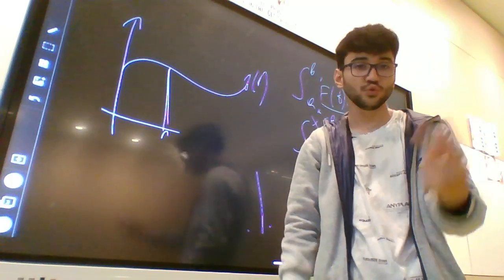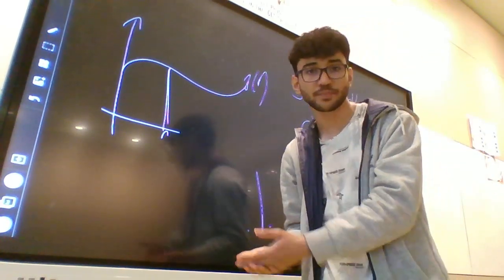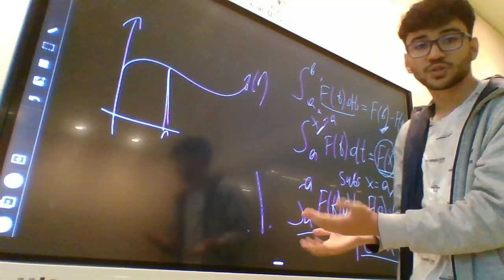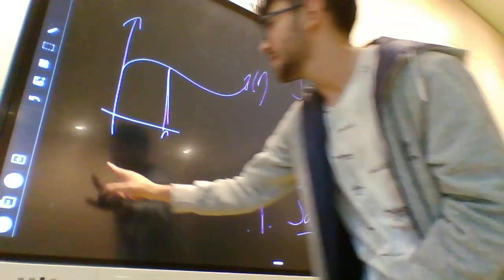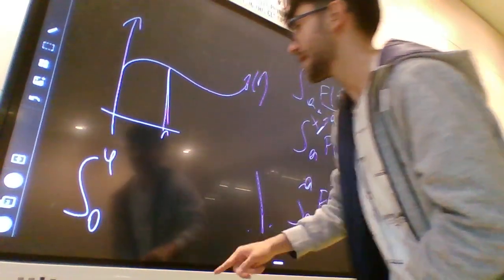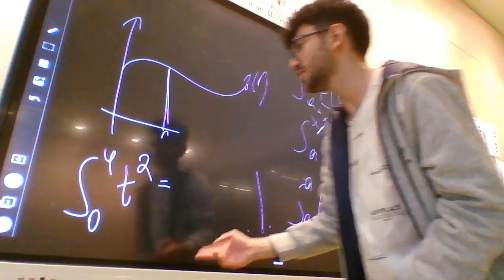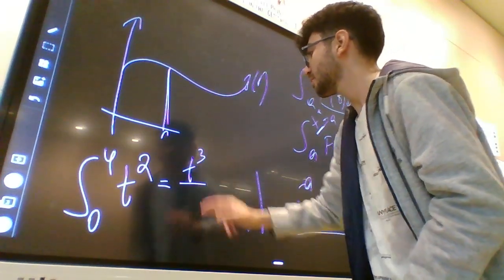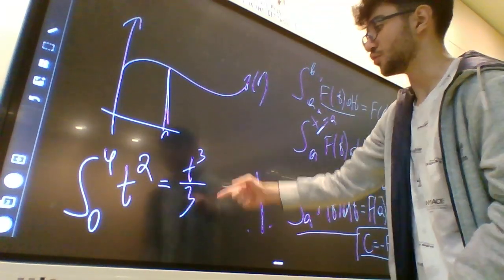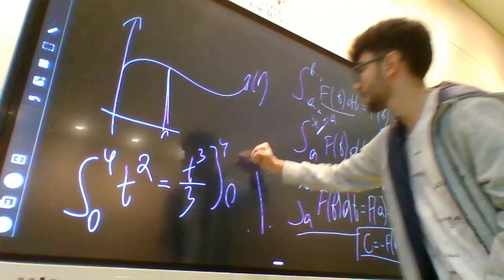It has 2 parts, and I explained both of them, and I gave you the proofs of them. And there are some examples also that you can solve. For example, the integral from 0 to 4 of t squared dt. The antiderivative is t cubed over 3, from 0 to 4.